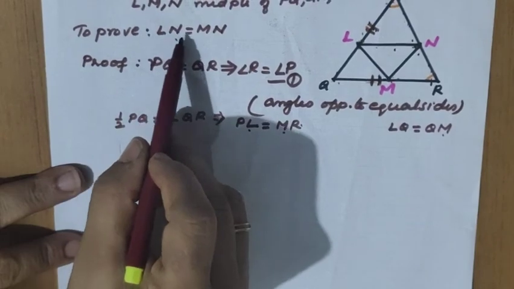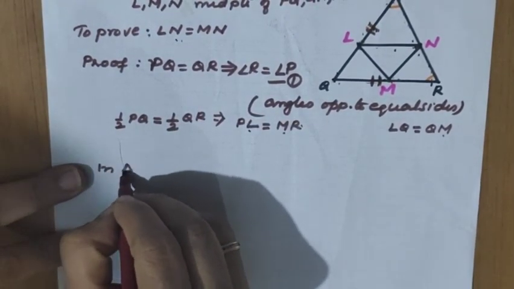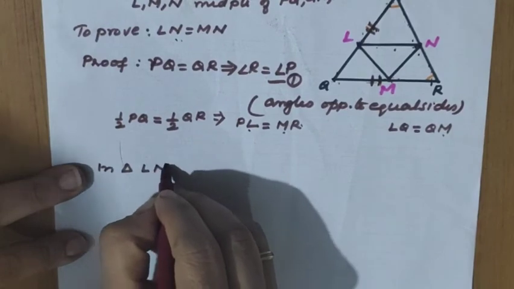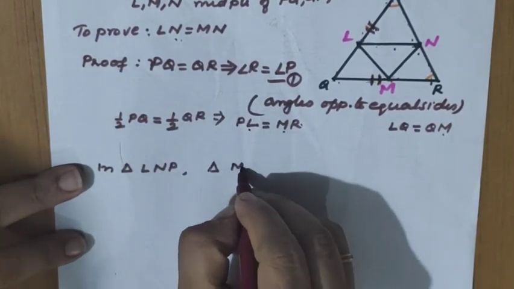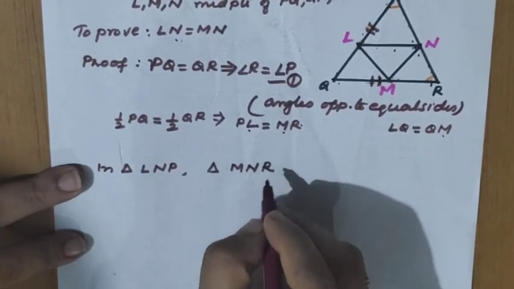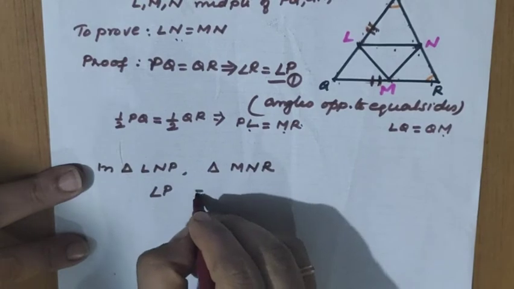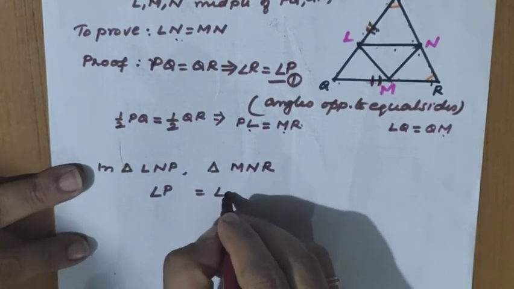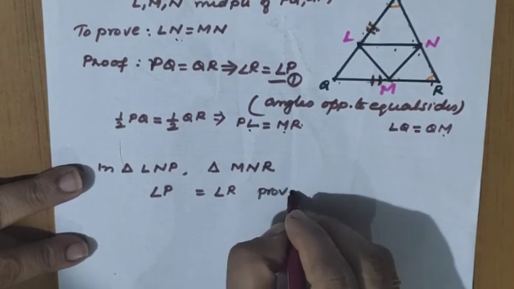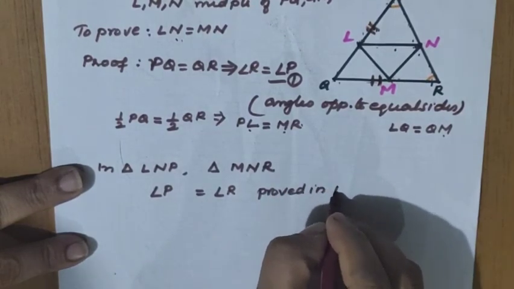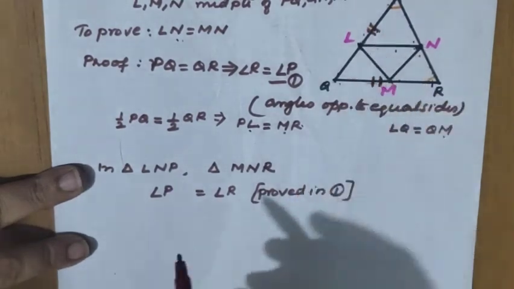What is to be proved? LN and MN. So we are taking that in triangle LNP and triangle MNR. Now you see, L and P, which is the equal angle, angle P we marked. In triangle MNR, angle R is marked using 1, right? Or we have to write proved in 1. Now which side did we get?